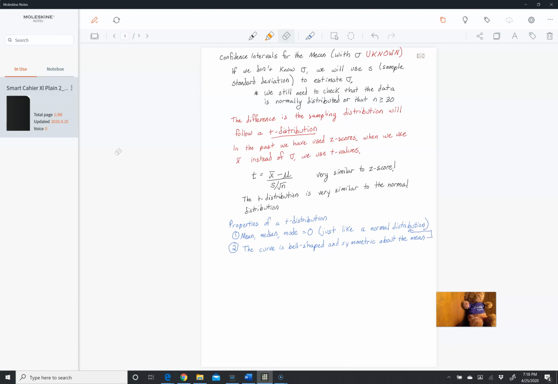Also, just like the normal distribution, the total area under the curve is equal to 1. Again, just like the normal distribution.